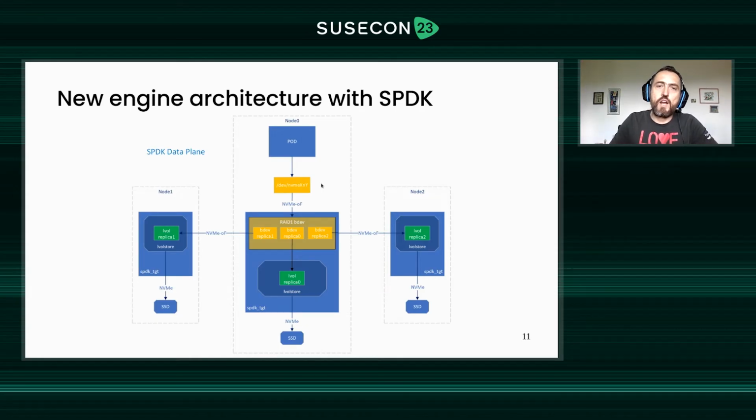And so in the future, if we use, for example, UBLK, we have the possibility to change this part, and so to reduce the complexity of this part of the software. The data path will be shorter, and I think that maybe even the performance will be increased.